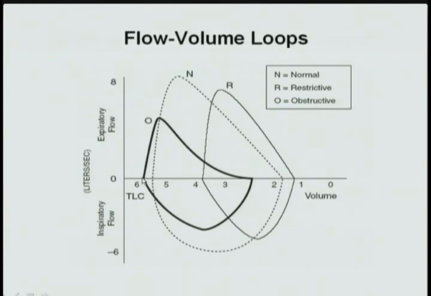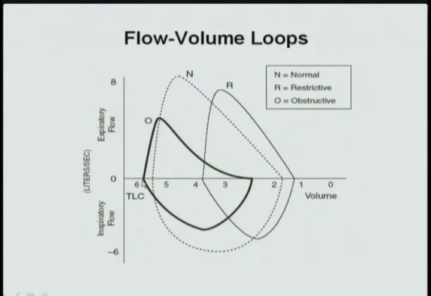Why is that? Because of the air trapping, the flattened diaphragms, the hyperinflated lungs that we see on the chest x-ray. This is what you're really getting a sense of on the flow volume loop. So anything shifted to the left of a normal flow volume loop, especially with an elevated residual volume, that patient likely has some type of obstructive disease.